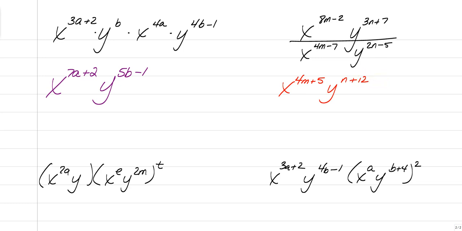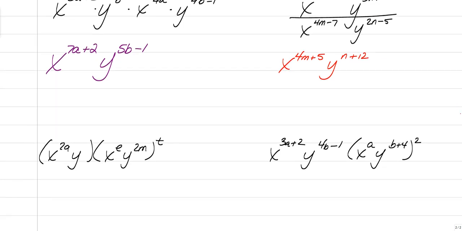For this one down here, the first thing you need to do is raise everything to the t power in the second set of parentheses. So we have x to the 2a y times x to the et y to the 2mt.